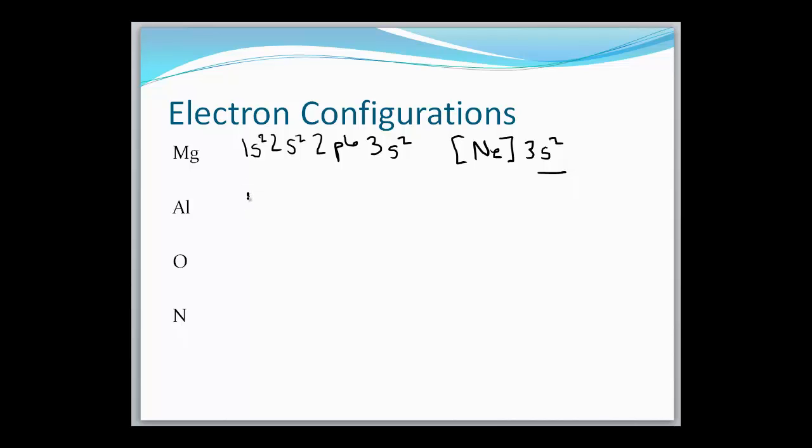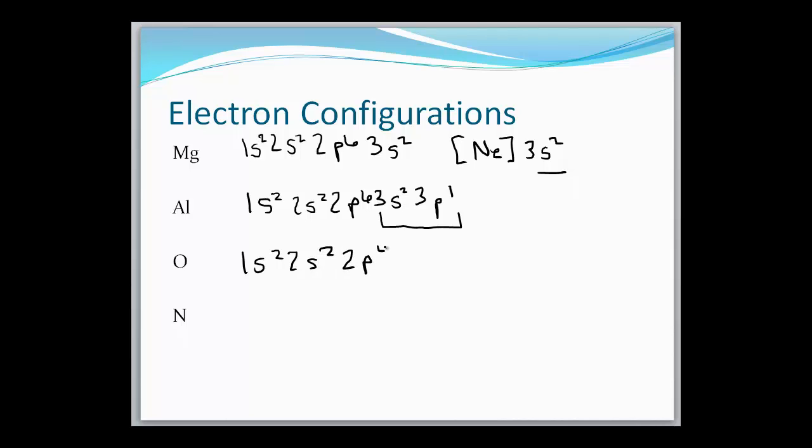Aluminum's electron configuration is 1s2, 2s2, 2p6, 3s2, 3p1. So you can see the outermost shell, 3 valence electrons. On the other hand, oxygen, 1s2, 2s2, 2p4, its valence electrons now are there, the 6 valence electrons.